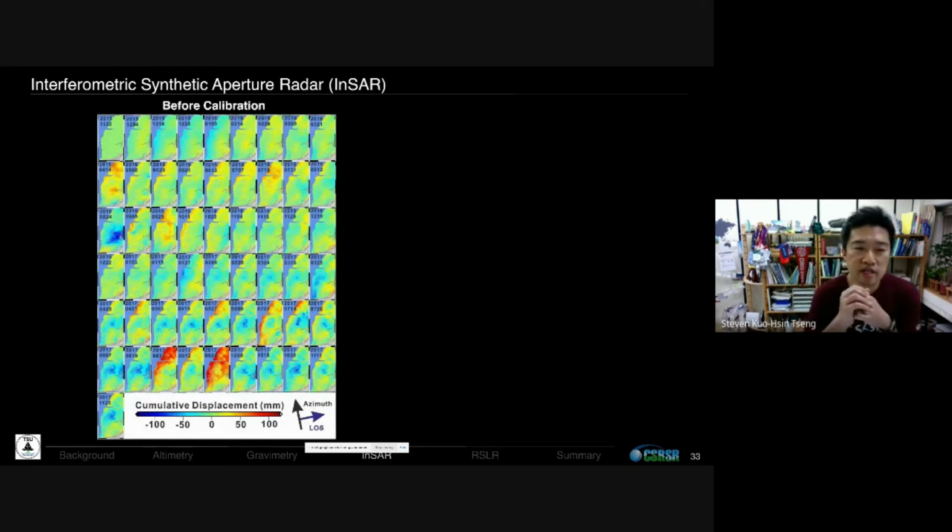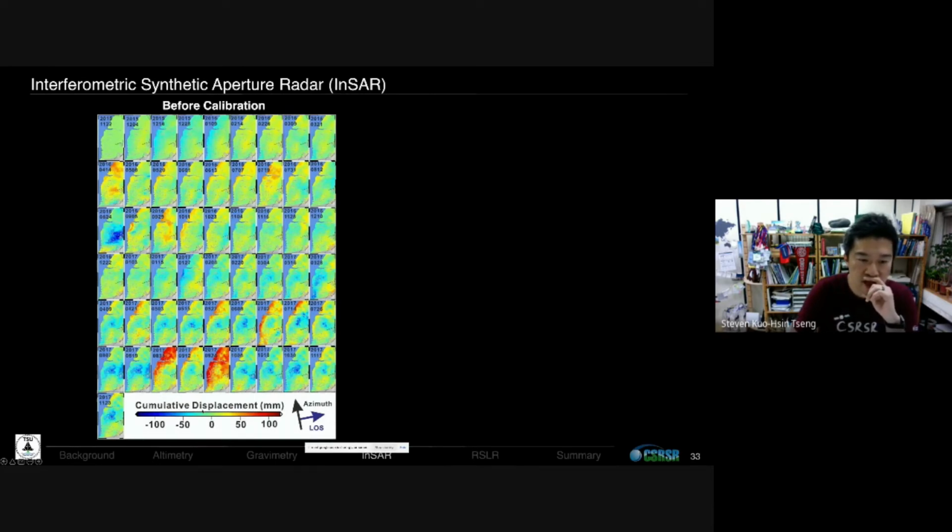So this is an example showing you the time series of the InSAR measurement for the southwestern plain of Taiwan. You can see that from 2015, this is by Sentinel-1A, all the way up to 2017, we can see some gradual change of the land, some green, blue colors.